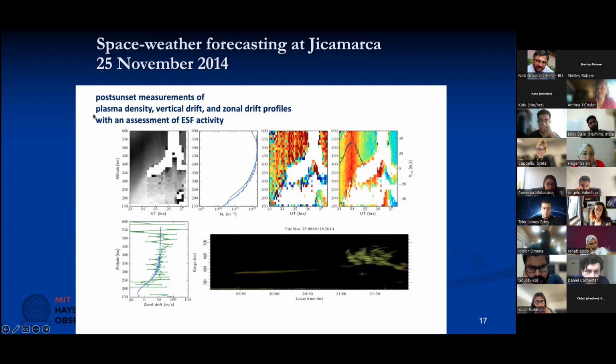They're monitoring this and working with other people to predict when this will happen, because it is associated with when they're going to measure scintillation. Scintillation in the equatorial region typically happens post-sunset, but it is the largest scintillation that you're going to have.